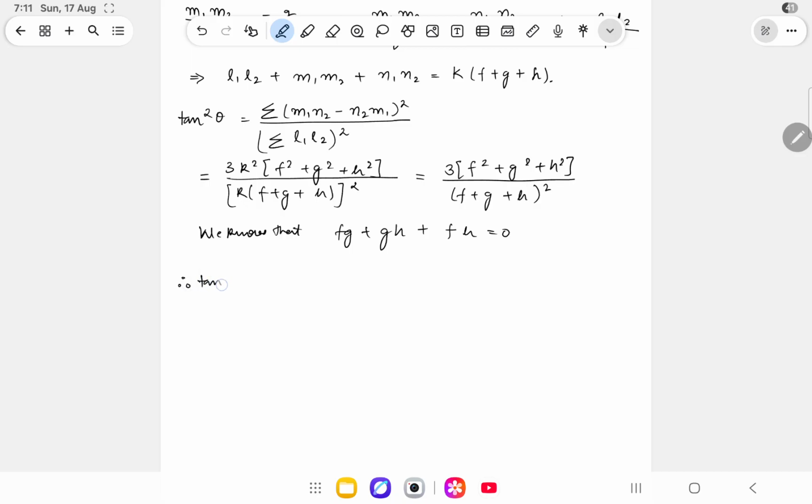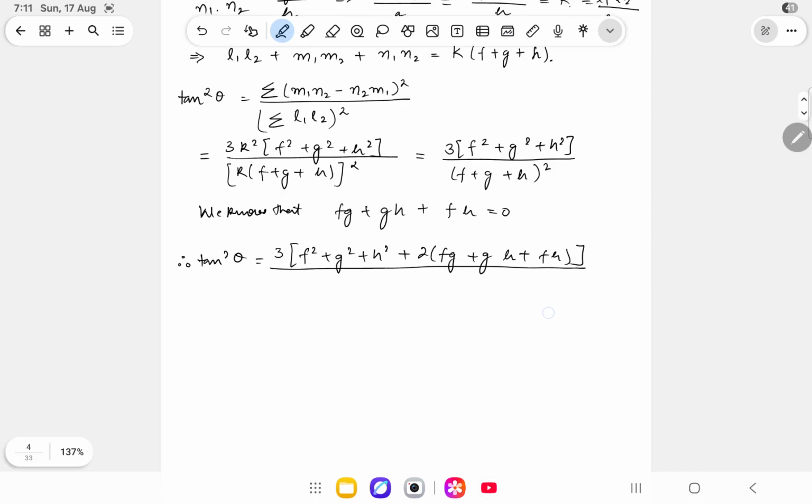So we got tan square theta equals 3 times f square plus g square plus h square plus 2 (fg plus gh plus fh). We can add this because this term is equivalent to 0, divided by f plus g plus h whole square.